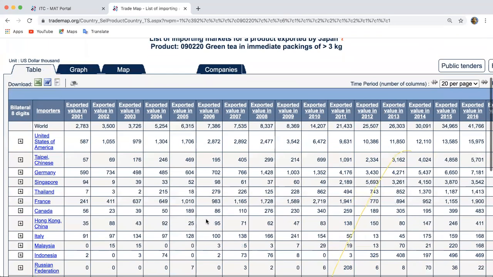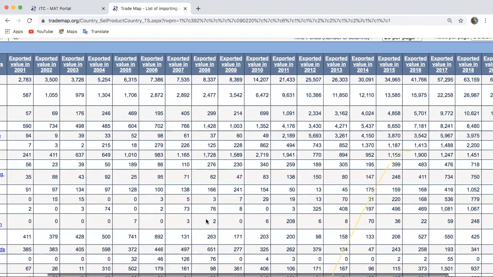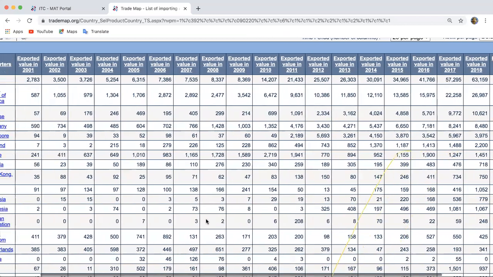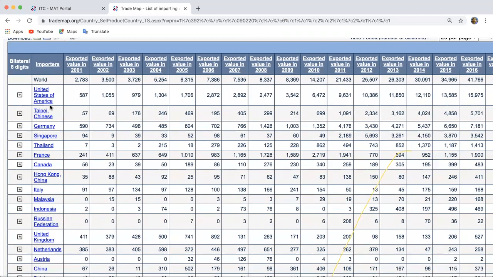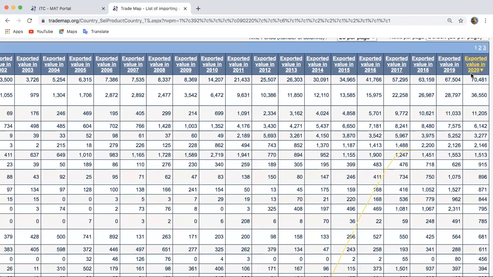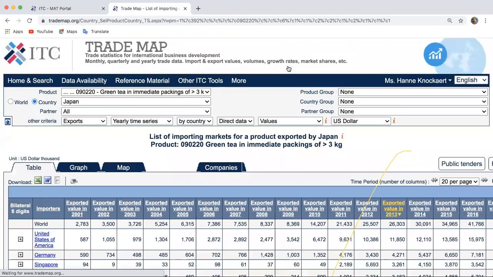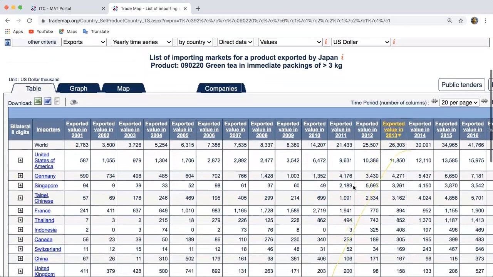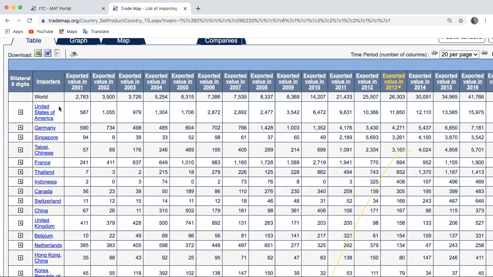And you can actually see here the list of top importers of green tea from Japan. If you click on the top, you can see, I want to see if the list was similar in 2013. You can click on 2013 and the list will rank itself to the values of 2013.